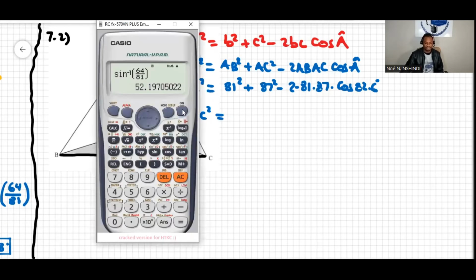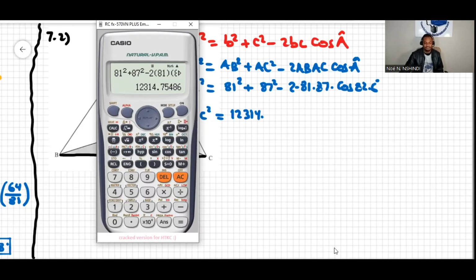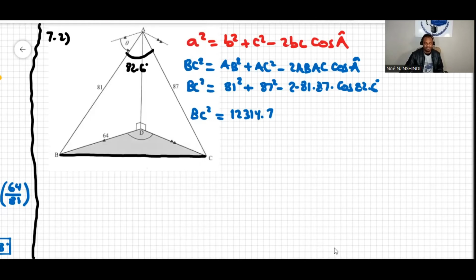We work out 81 squared plus 87 squared minus 2 times 81 times 87 times cos of 82.6. We close the bracket, hit equal, and we have this value: 12,314.75.